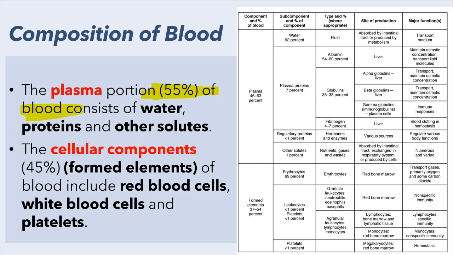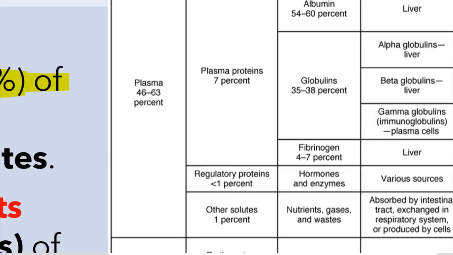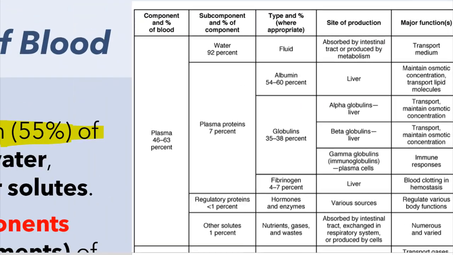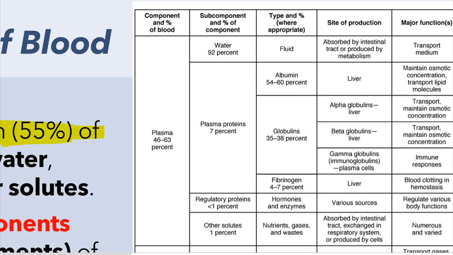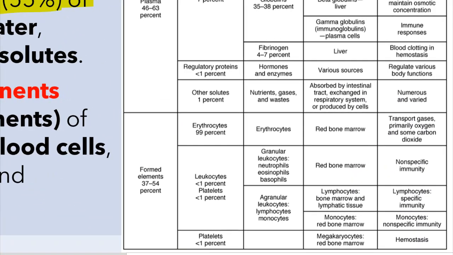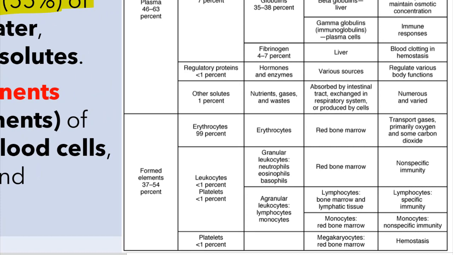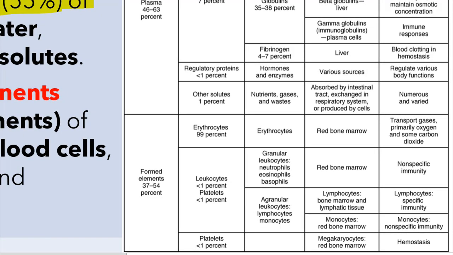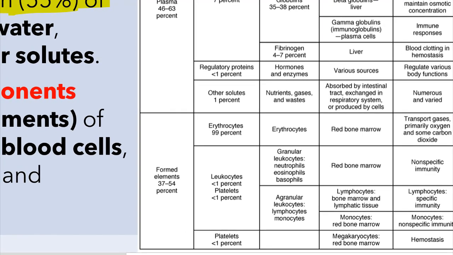The rest, the 45% that's left, is those cellular components like red blood cells, white blood cells, and platelets. You can use this table here as a summary of all of the components of plasma, where they're made and their function, as well as for these functions of the formed elements. We will cover all of these separately, but this is a good table to always go back to.